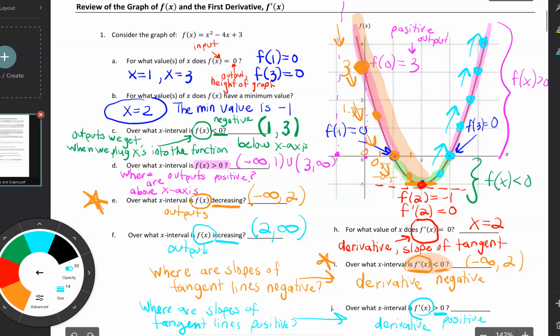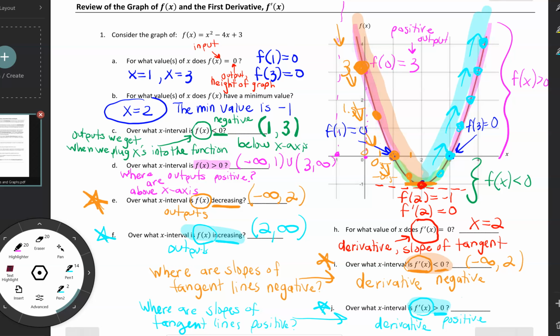Well, the slopes of the tangent lines are positive anywhere this function's increasing. So over here where it's increasing, that's where the derivatives are going to have positive tangent lines. So question J and question F are talking about the same situation. So it's going to be that same interval going on there.